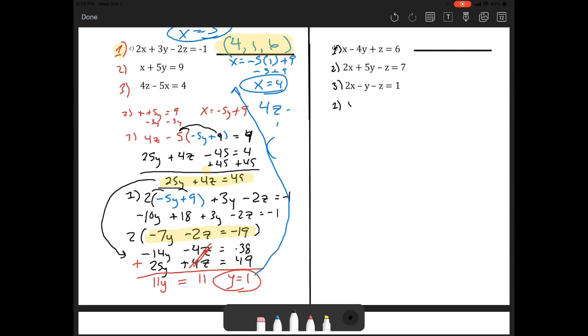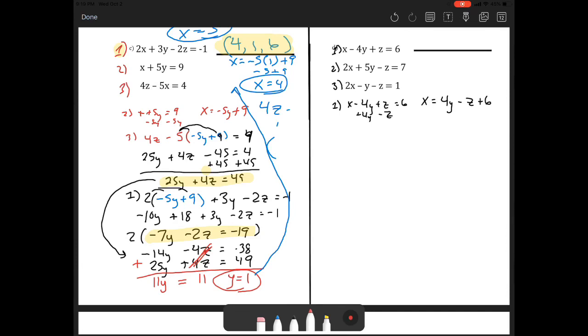So I end up having x minus 4y plus z equals 6. So I'm going to add my 4y and subtract my z, which is going to get me x equals 4y minus z plus 6. Okay, and so now I've got to plug in my x for both my second and third equation.